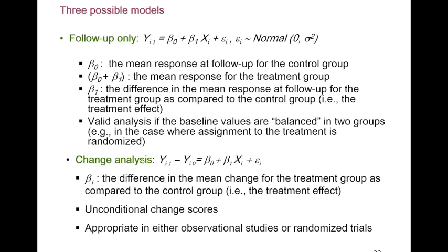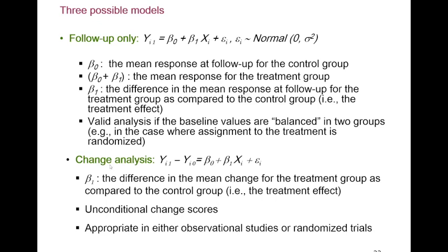Another approach is looking at the change. So you just replace the response variable by the change from the baseline. For each subject, you calculate the change from baseline, then use this as the response variable linked to the treatment indicator. So beta 1 represents the difference in the mean change for the treatment group as compared to the control group.